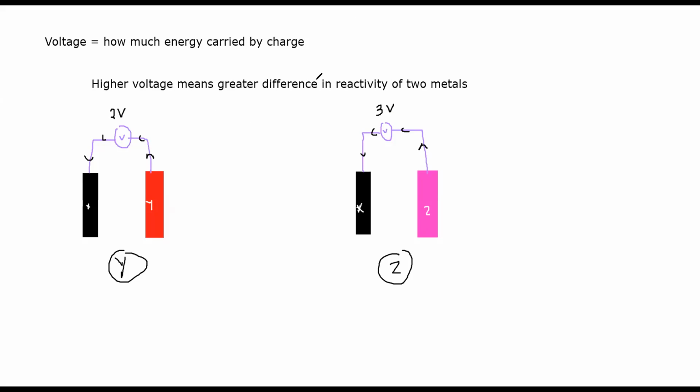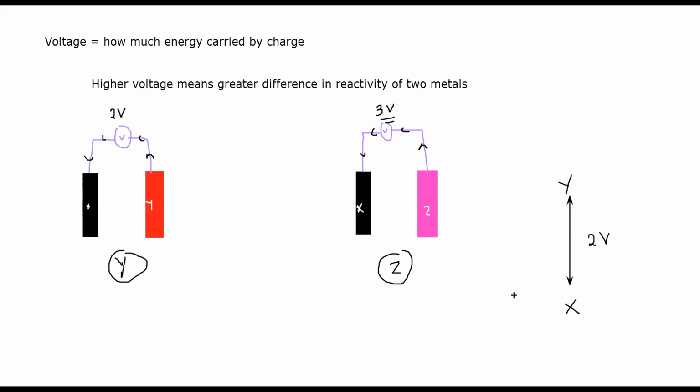So X and Y were producing 2 volts. You can just draw a line of 2 centimeters to understand this concept. Higher voltage means greater difference in the reactivity. But between X and Z, it is producing a voltage of 3 volts.